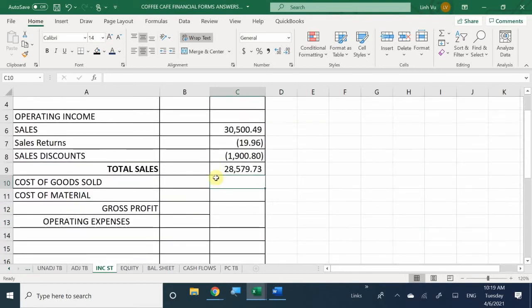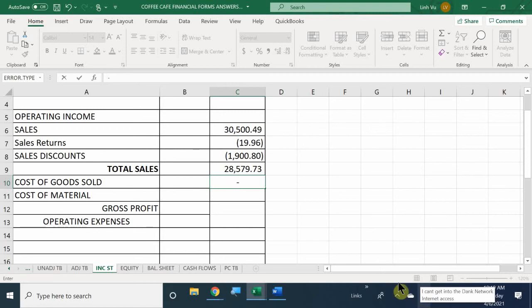All right. Now we need to counter them against our cost of goods sold and our cost of materials, because these are directly correlated to our operating income, right? There are operating expenses that deal with our inventory on hand. So in this case, this is also going to subtract away from my sales. So let's go ahead and take a look at my total cost of goods sold.